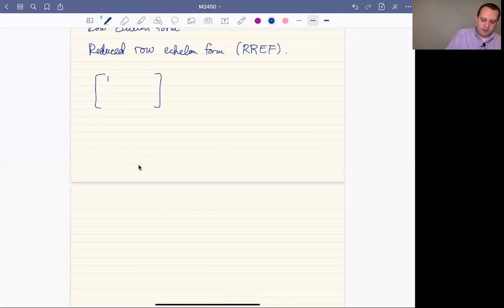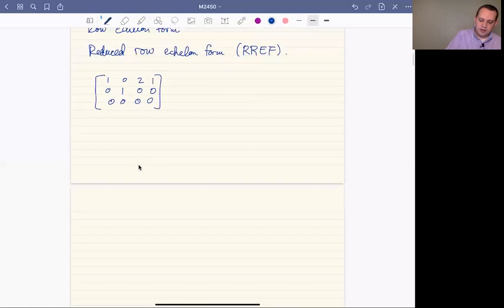So if you were to have a matrix that looks like this: 1, 0, 0, 0, and then 0, 0, 0, 0, this is in reduced row echelon form. And reduced row echelon form just means that the matrix is as simplified as it gets.